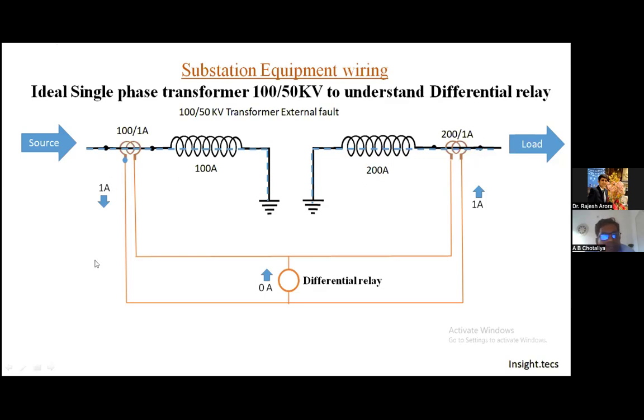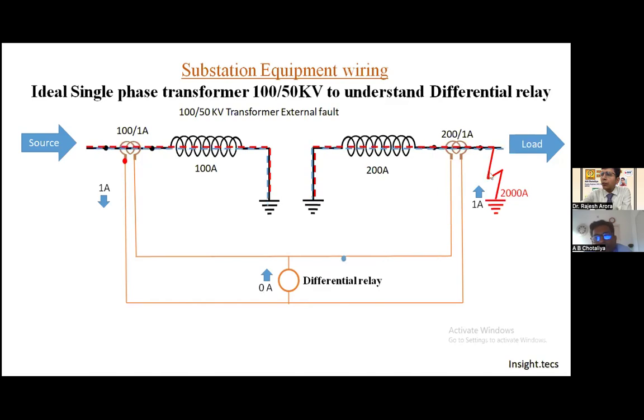So 1 ampere will be in the secondary, and this secondary current will be supplied like this, and in between there is a differential relay. So whenever there is a current difference between these two, the differential relay will operate.